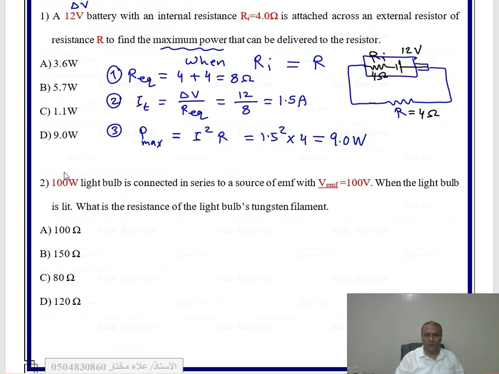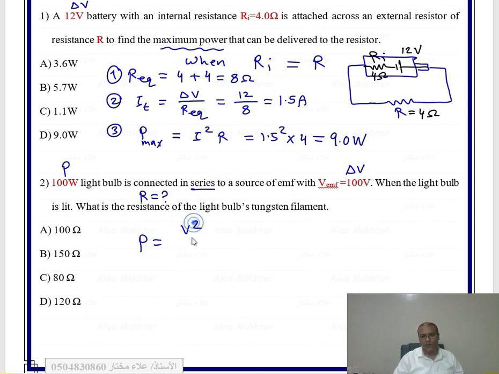Second question: a 100 watt light bulb is connected in series across an EMF of 100 volt ΔV. When the light bulb is lit, what is the resistance? We have the resistance of this light bulb.